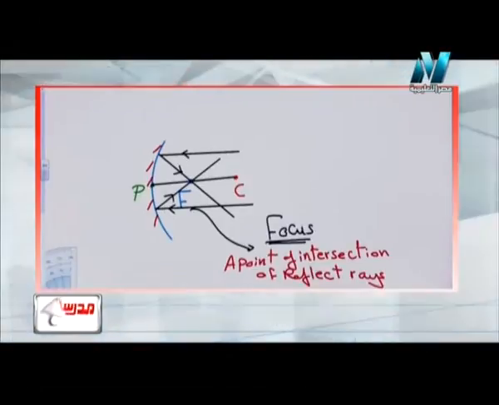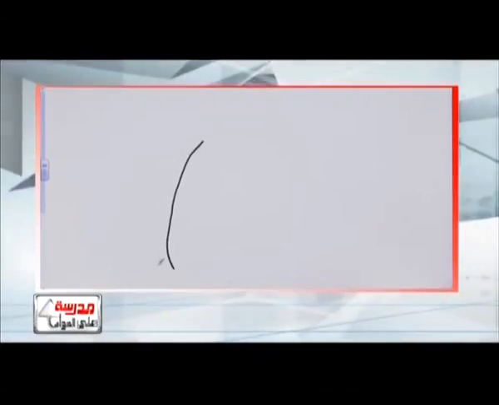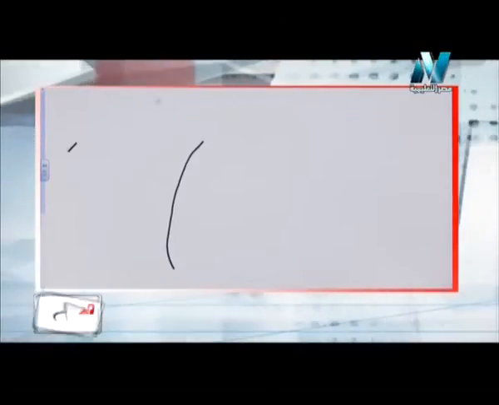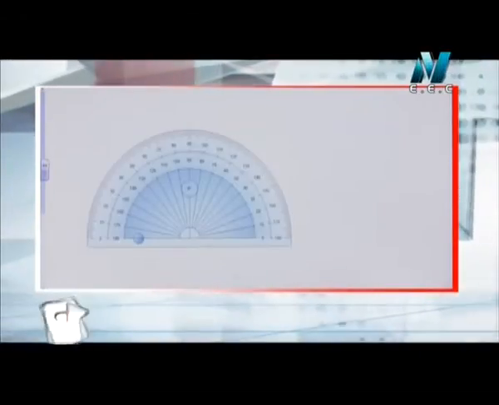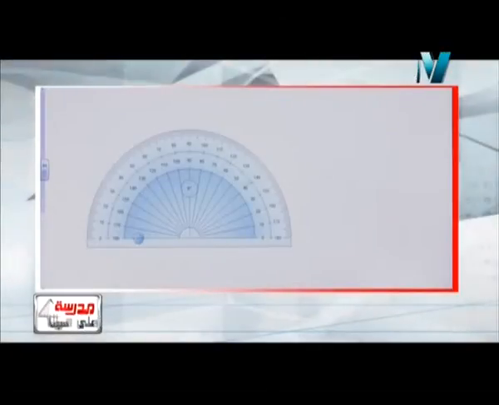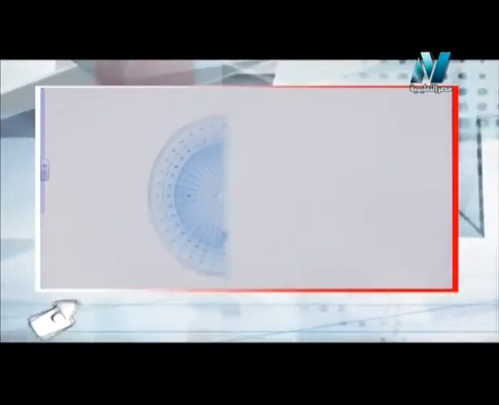Okay. If we want to draw like that, of course see how it looks when I drew it by my hand. We should draw using the protractor, to draw the spherical mirror, not by your hand. Again, not by your hand.